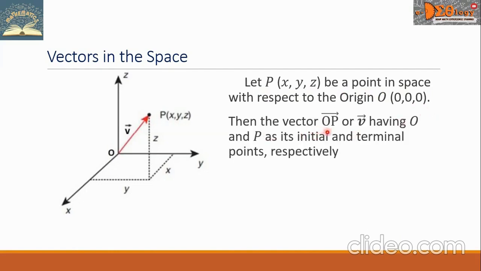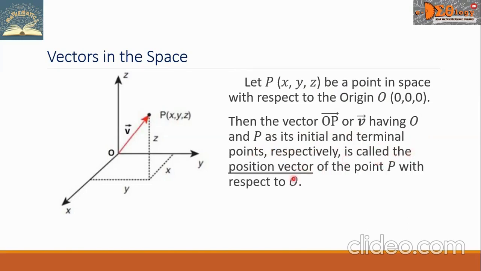Then the vector OP or vector V having O and P as its initial and terminal points respectively is called the position vector of the point P with respect to O.